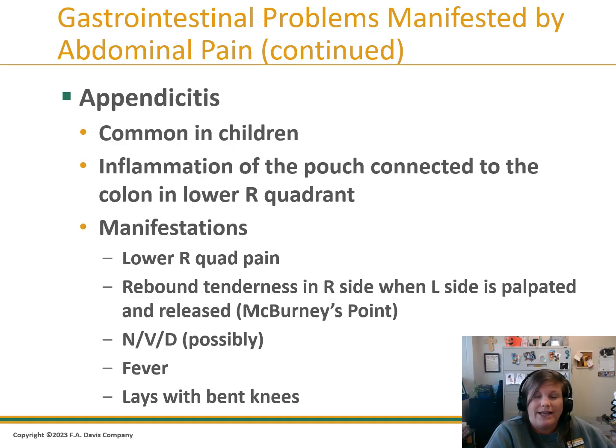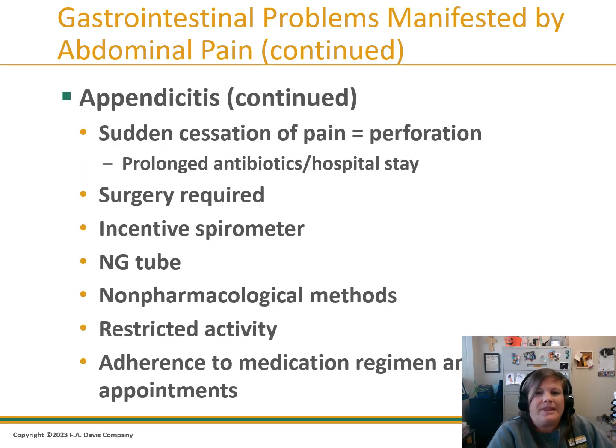The patient will likely have to lay in a position that's creating as much comfort as possible for them, which involves their knees being bent and kind of tucked into their stomach. So with this particular problem, there's really only one treatment for it, and that's surgery to remove the appendix.